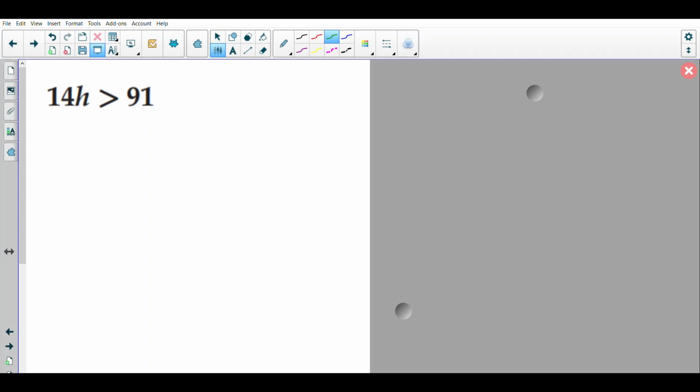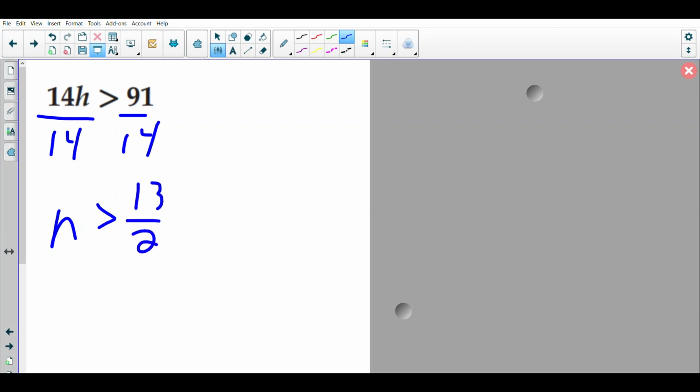So 14h is greater than 91, that's my fault. I'm going to divide by 14 on both sides. So I get h is greater than 91 over 14, and we can simplify down to 13 over 2, just a little reduction, dividing by 7 on both sides.